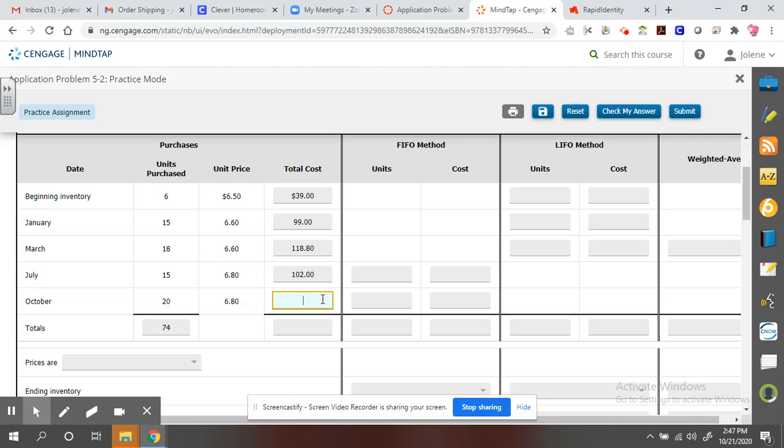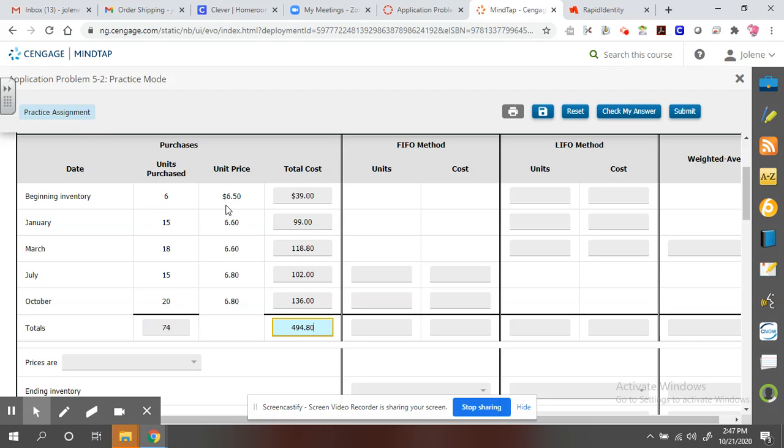And 20 times 680. And we have to add this column. And I get 494.80. That's the total for the whole year of this product.